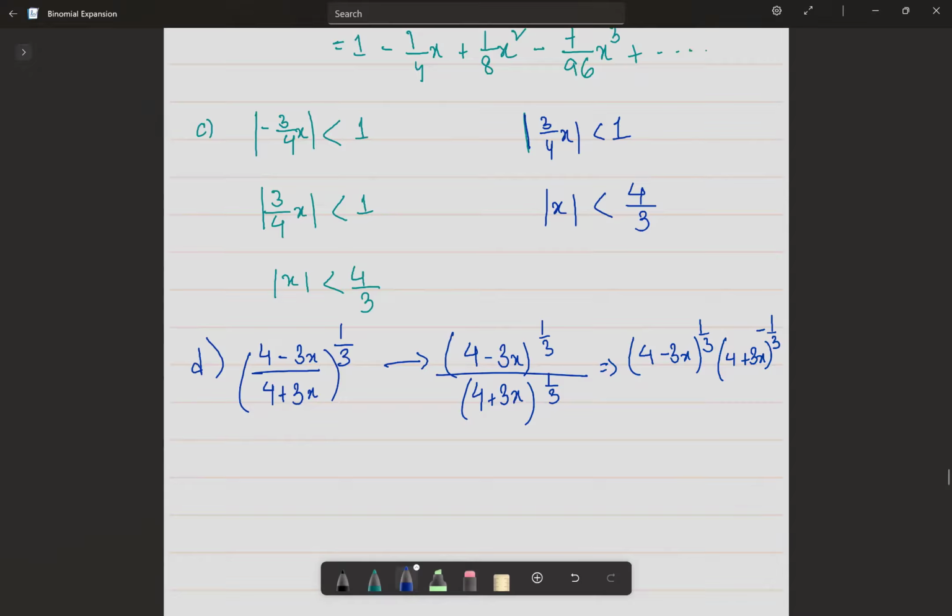So if you take 4 common from here, you're going to get 1 minus 3 by 4x to the power of 1 by 3. And from here, if you take 4 common, you're going to get 1 plus 3 by 4x to the power of negative 1 by 3.